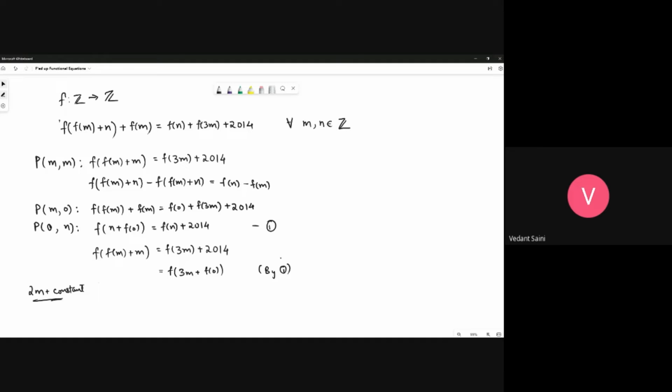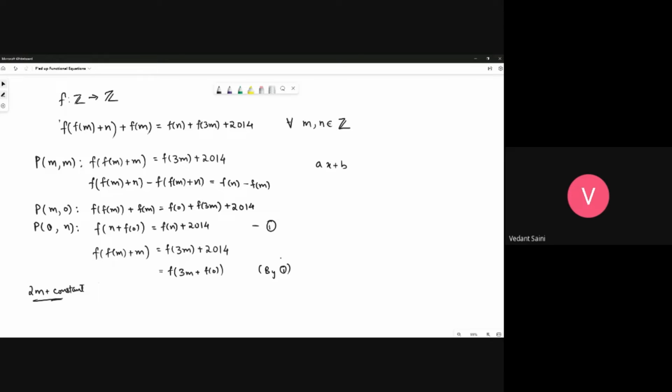But for now, proving injectivity seems a solid start, right? You can check the linear solutions, you can put f of x equals ax plus b and find out the possible values for a and b, but that would not encompass the whole solution set.